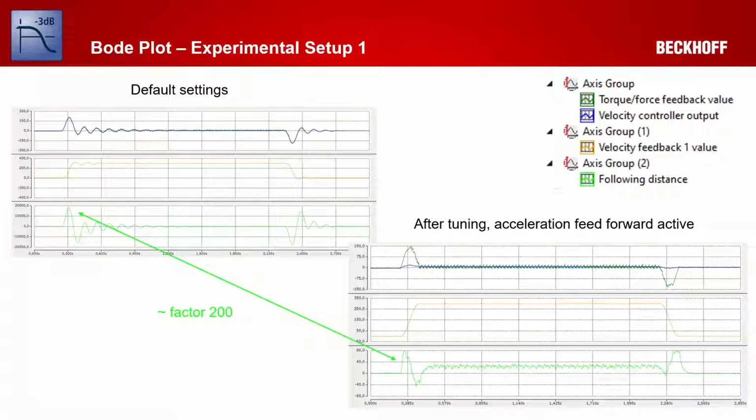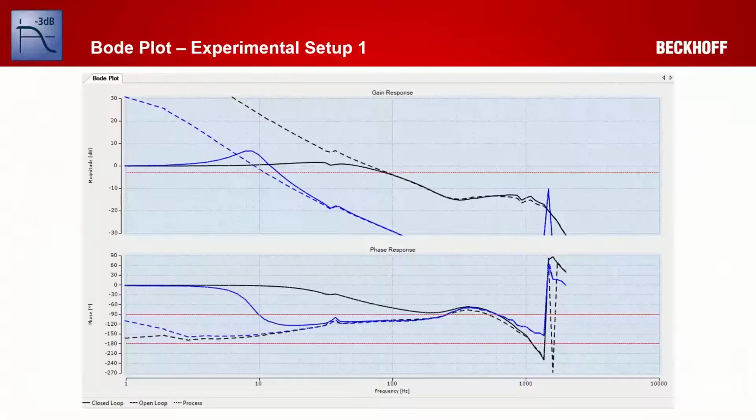So by the help of the Bode plot, we pointed out the problem. There was a problem, a resonance at 1470 Hertz. We used a notch filter to eliminate this, and in the end, this is the improvement you can see time-based. Here, once again, the comparison in the Bode plot view, the blue curve was default.